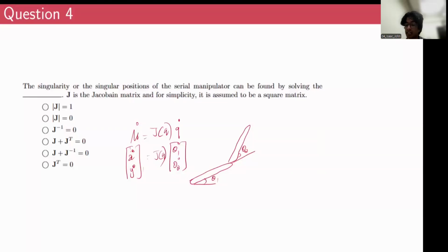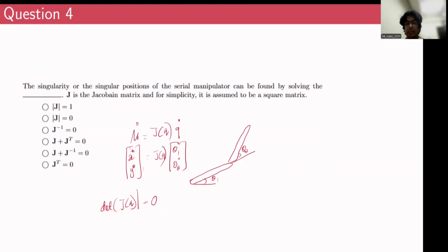And if that is the case, this Jacobian matrix becomes singular, because the equations are linearly dependent. So to identify singular configurations, you have to solve the equation determinant of J of q equal to 0.